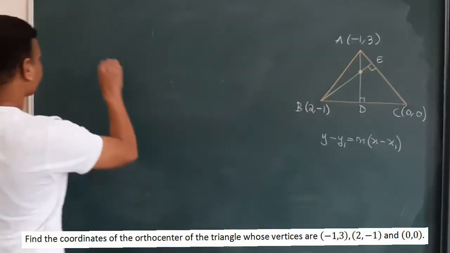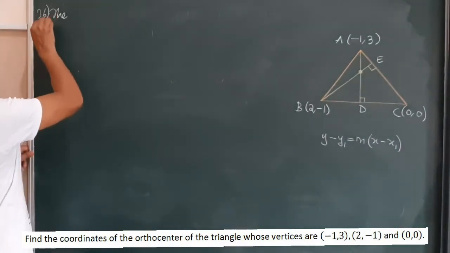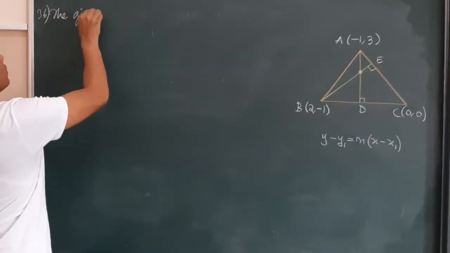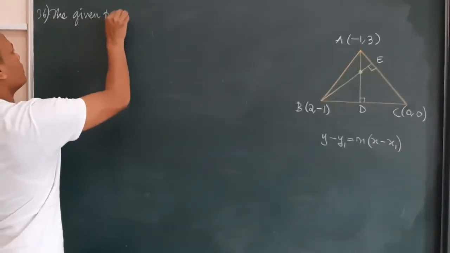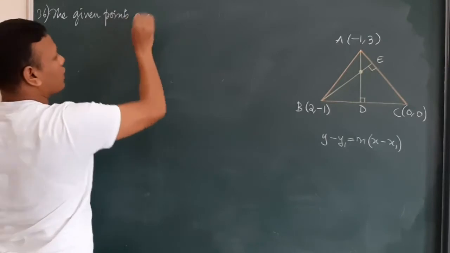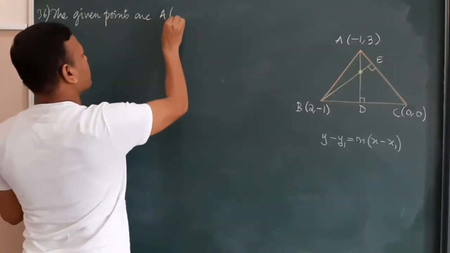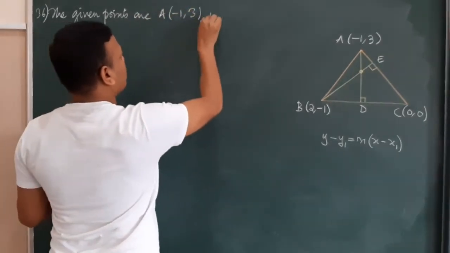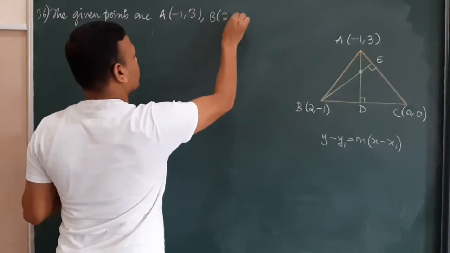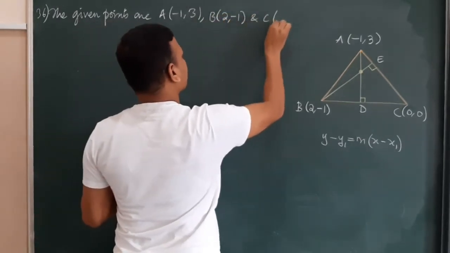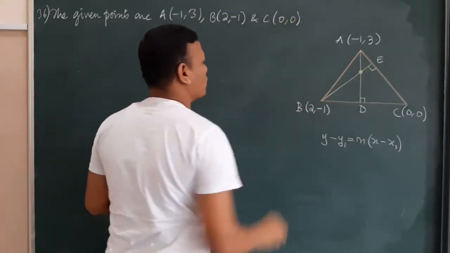So this is my question 36. The given points are A, that is (-1, 3), B, that is (2, -1), and C, that is (0, 0).